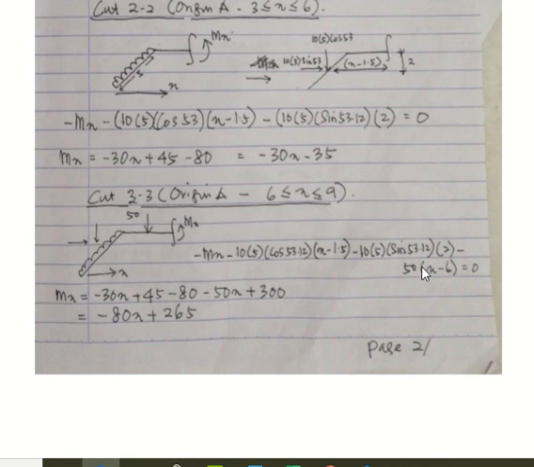That's why you have 50 multiplied by x minus 6, because moment equals force multiplied by distance. Force and distance must be perpendicular. Then to solve this equation, Mx equal to minus 80x plus 265.